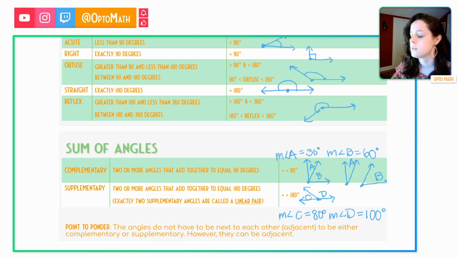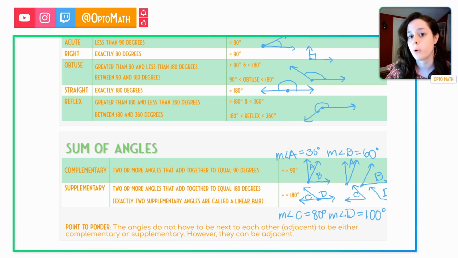Okay, so we can break these up again just like what we did with complementary. Here's C. And let's detach it from D. As long as they are still 80 and 100 degrees, 80 plus 100 is still 180, so they're still supplementary.